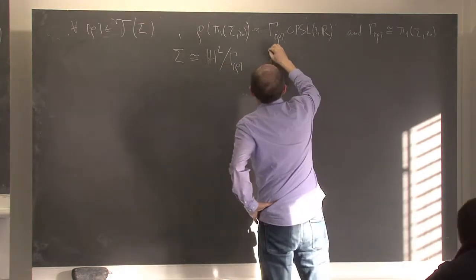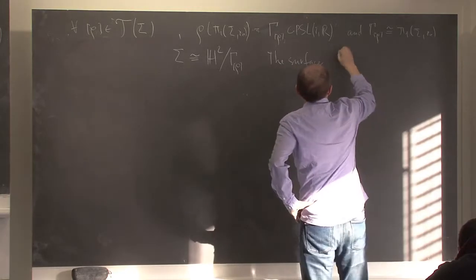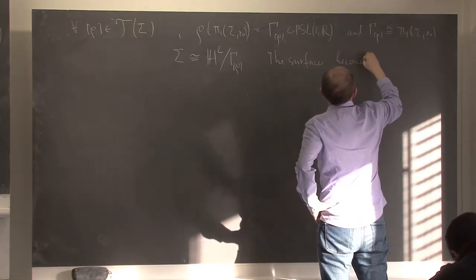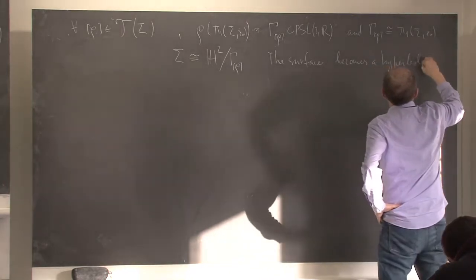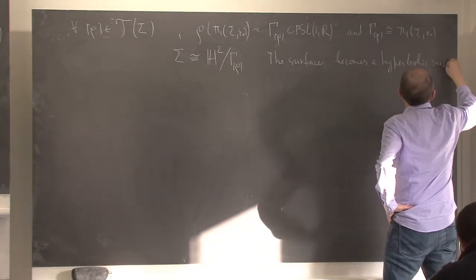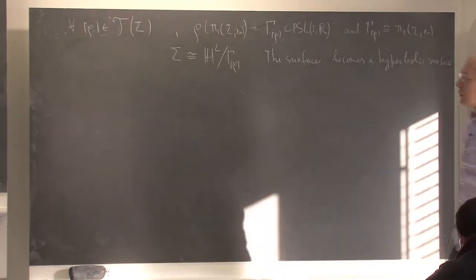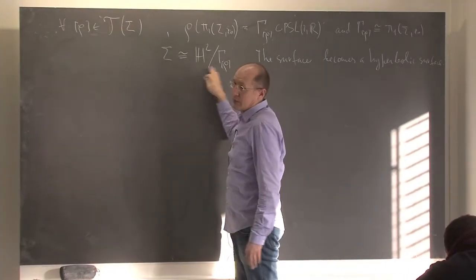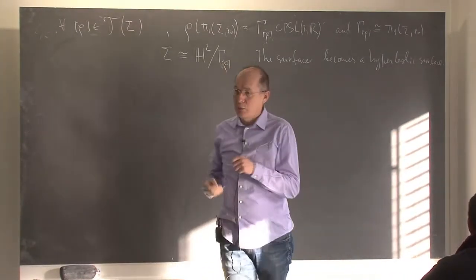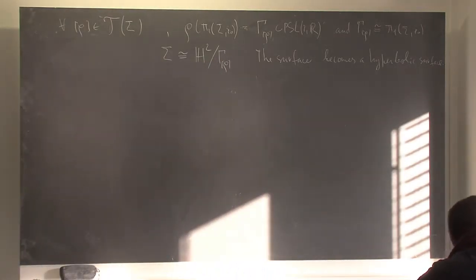So the surface becomes a hyperbolic surface, which means that we have all the geometry on sigma due to the right-hand side of this equality. So we have geodesics, lengths, areas, and all that on our surface.